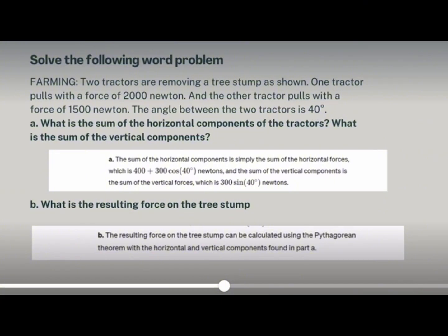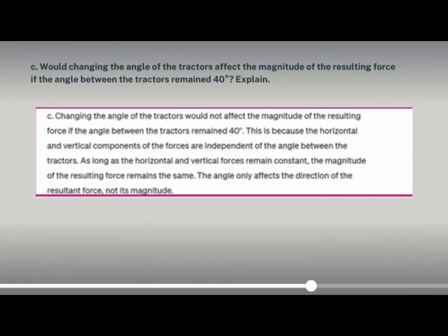I explained them before. And for part C, would changing the angle of the tractor affect the magnitude of the resulting force if the angle between the tractors remained 40? Changing the angle would not affect the magnitude. That's like the full summary, because the horizontal and vertical components of the force are independent of the angle between the tractors.